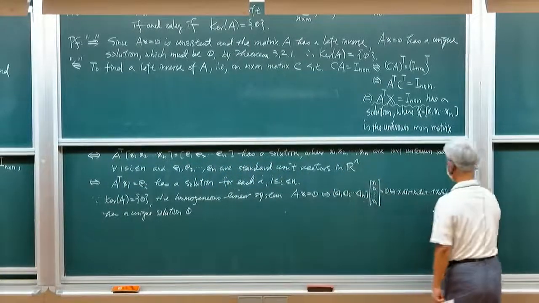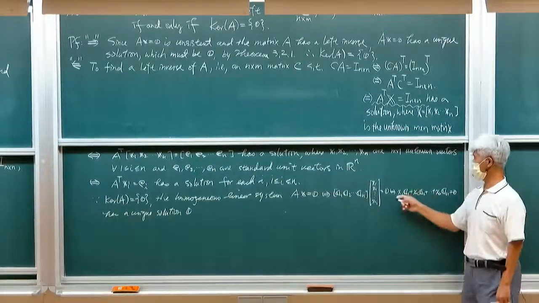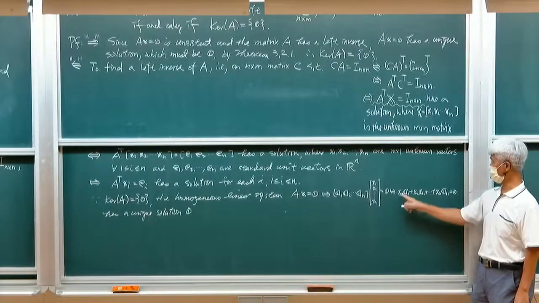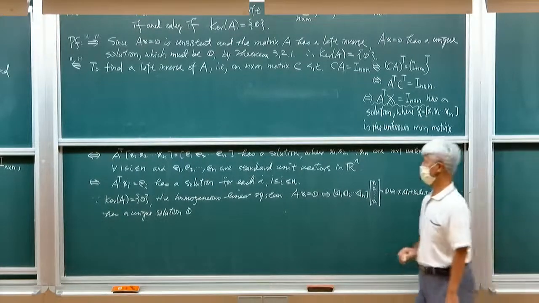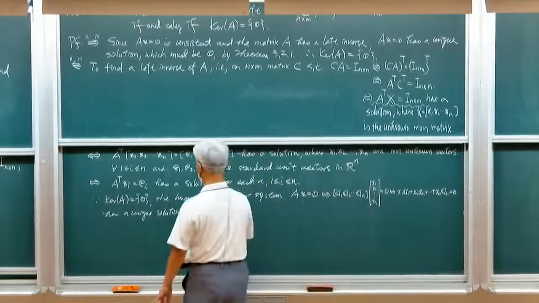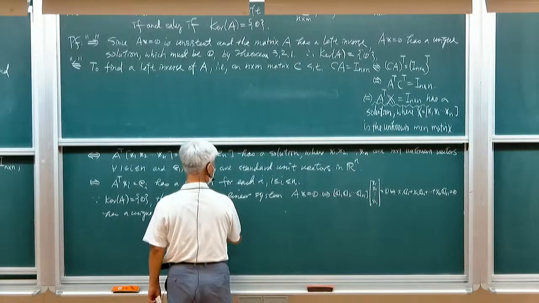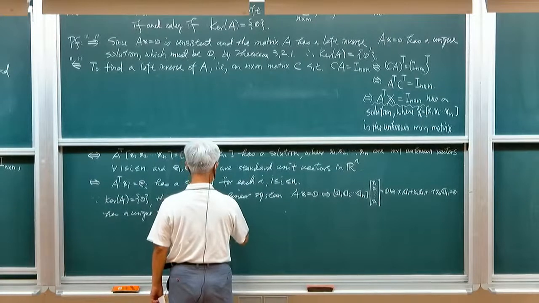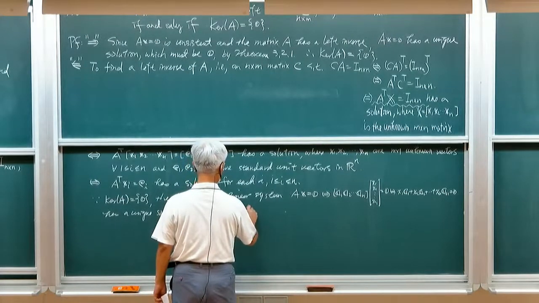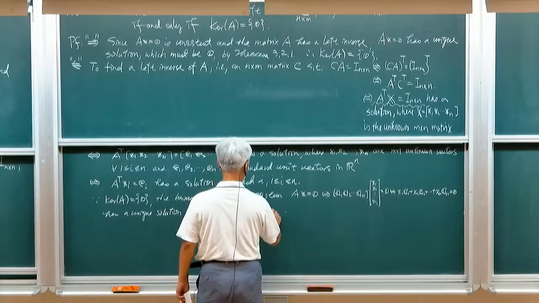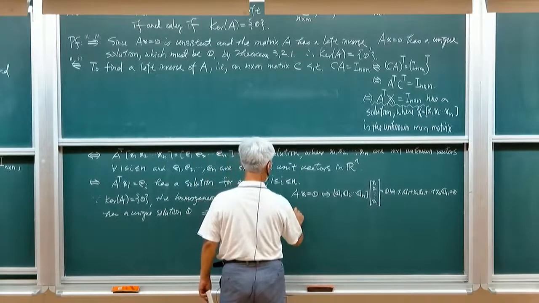The only solution means that if we have a linear relation, then all the coefficients should be 0. So that means that the columns of A form a linearly independent set.